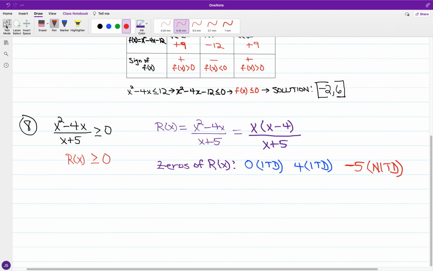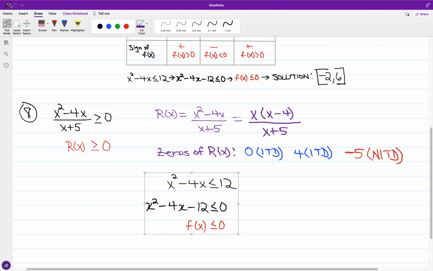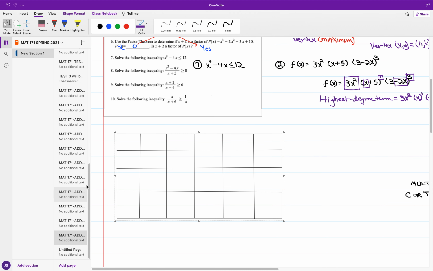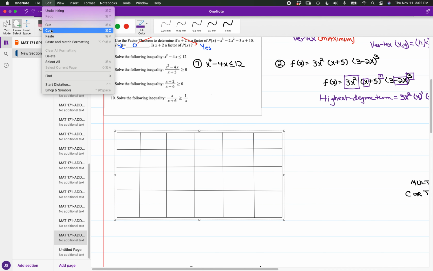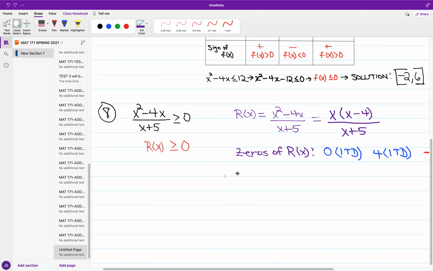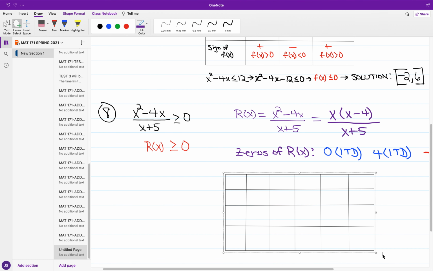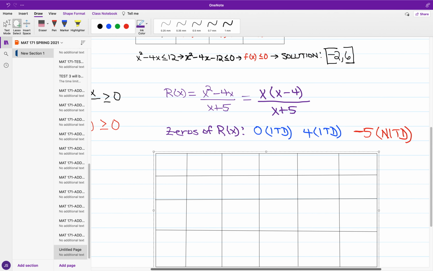Working with the zeros and setting up a table, we've got 3 distinct zeros.